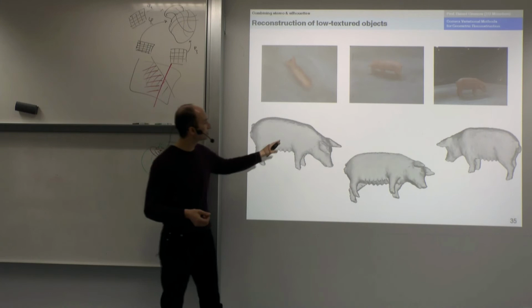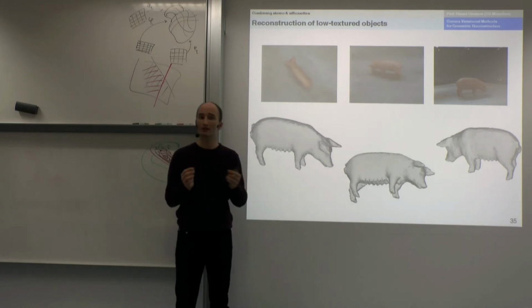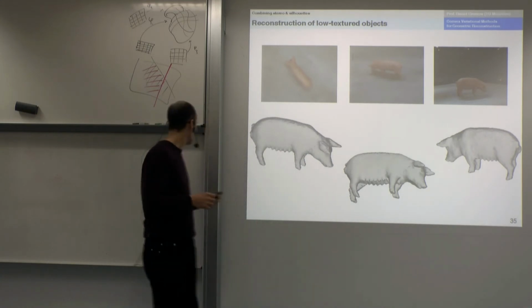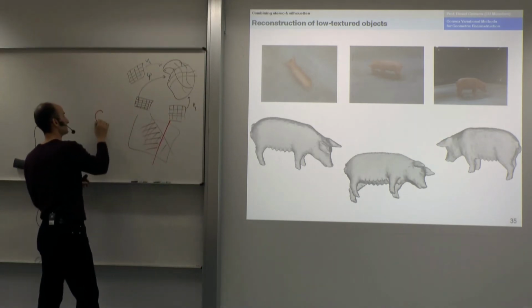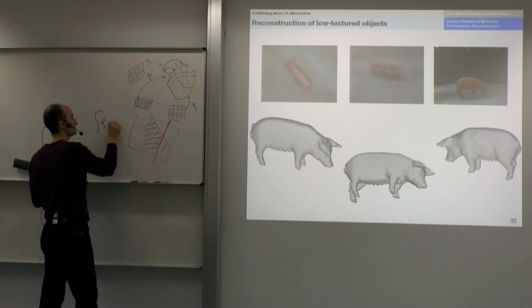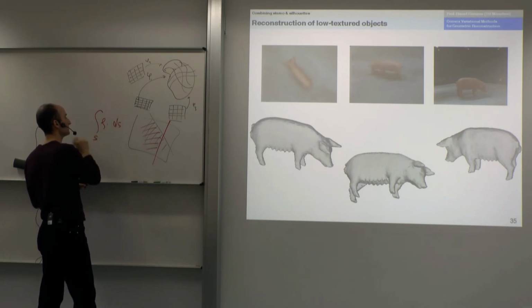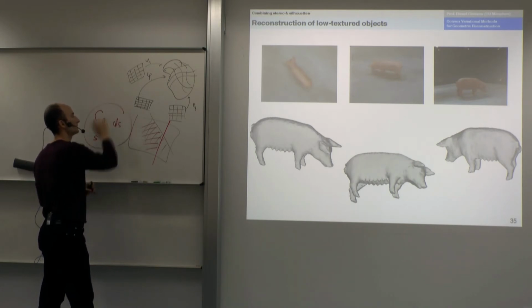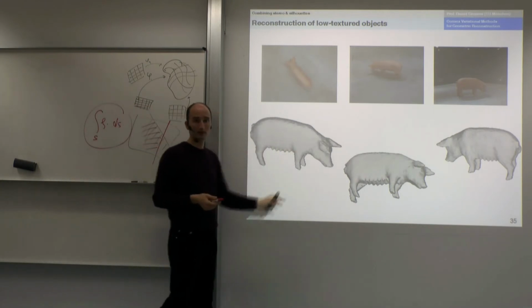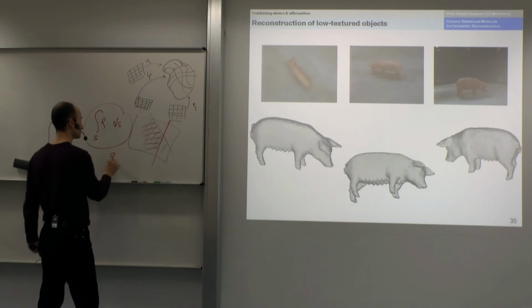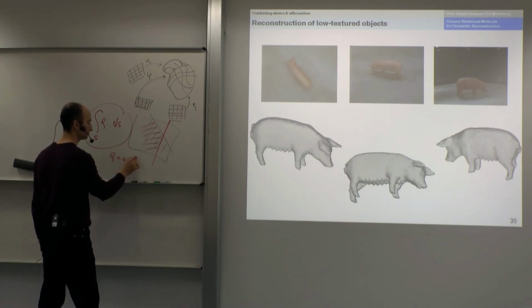What does the approach do once there is no photoconsistency information? Well, what we're minimizing is this weighted surface area, rho times ds, integrated over S. That is the energy we're minimizing. If all points have the same color, then what happens is the function rho becomes constant.